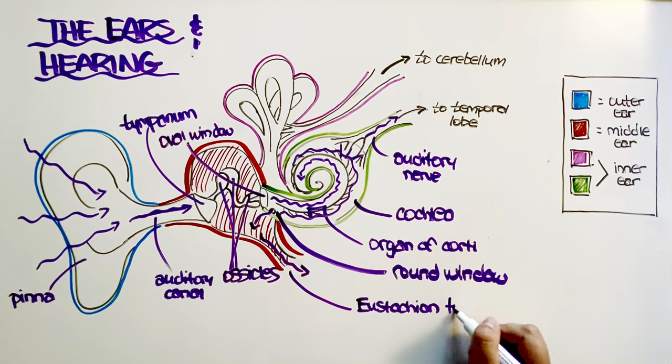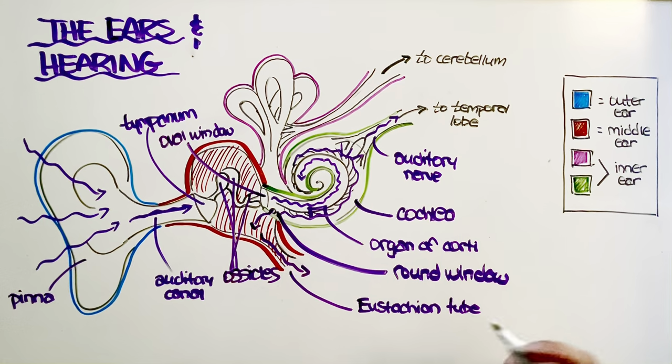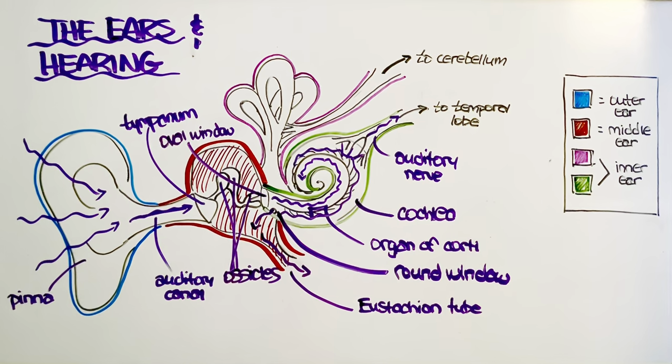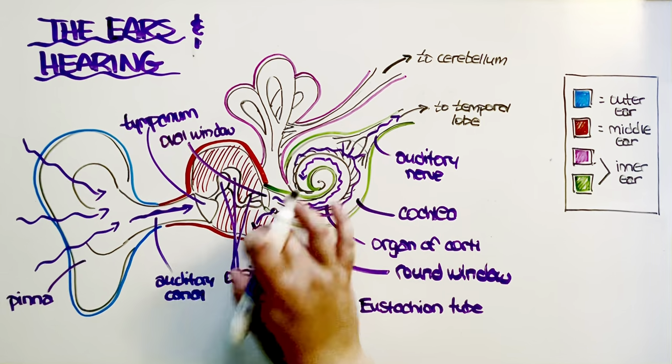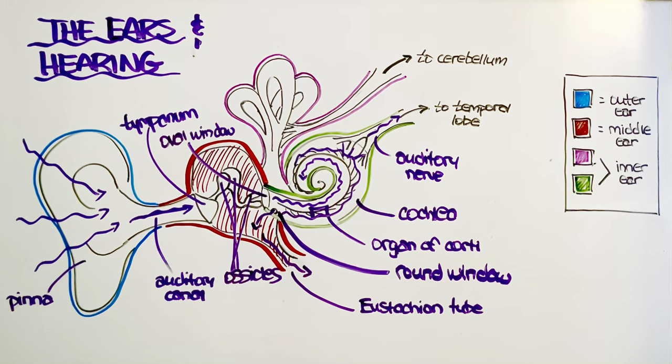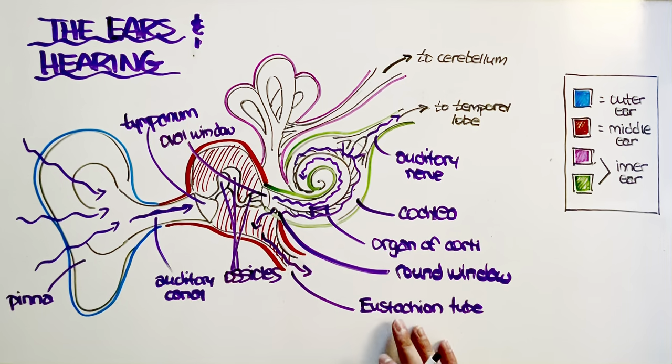And the eustachian tube, oddly enough, connects to the backs of our throats. That's why if you feel pressure building in your ears, say when you're flying or hiking at high elevations, you can actually help to pop your ears or release that pressure by yawning. That's because it basically allows that extra pressure to escape through that eustachian tube into the backs of our throats.